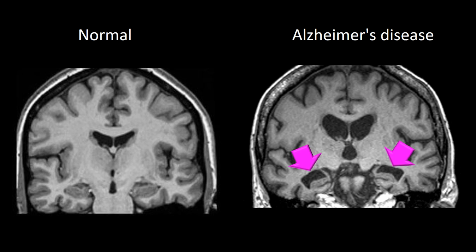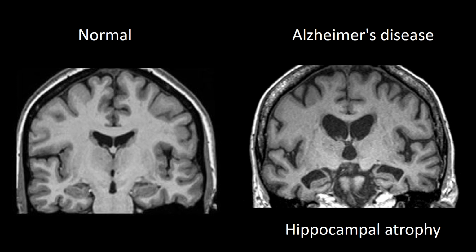Notice the large size of the temporal horns of the lateral ventricles and the small size of the hippocampus. This constellation, large temporal horns of the lateral ventricles and a small amount of gray tissue under them, is the hallmark of hippocampal atrophy in MRI and one of the hallmarks of AD in general.